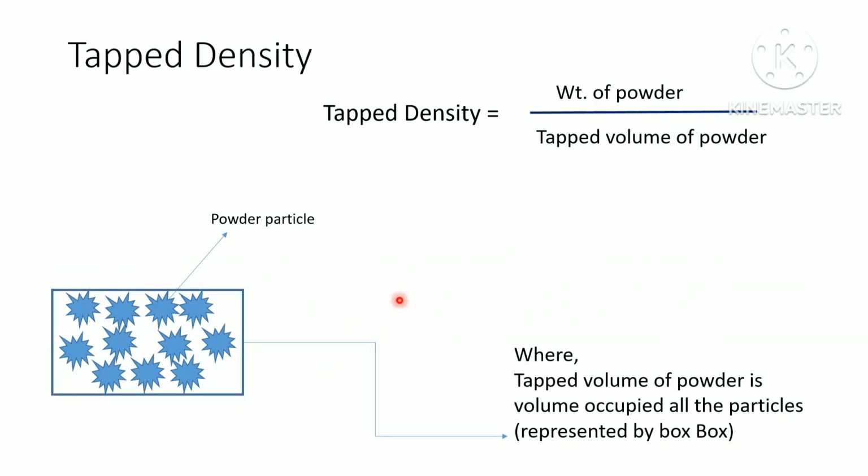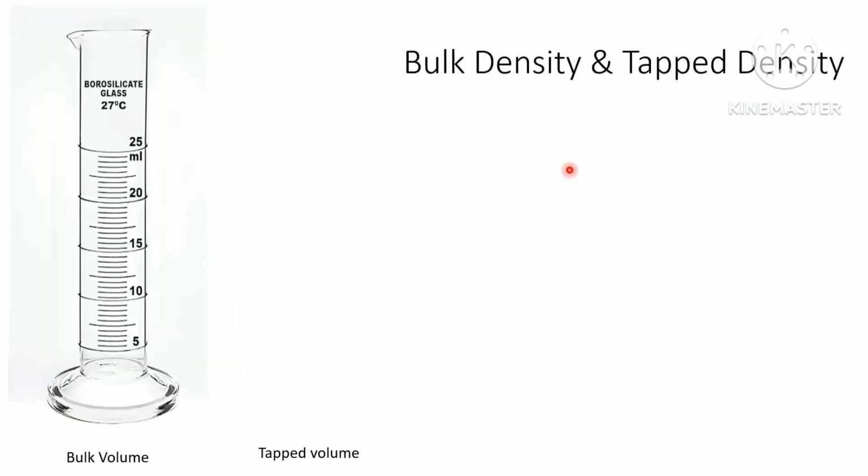Now this is just to make you aware of how tap density is determined. So tap density is the weight of a powder divided by the tap volume of the powder. Experimentally, we take the measuring cylinder.